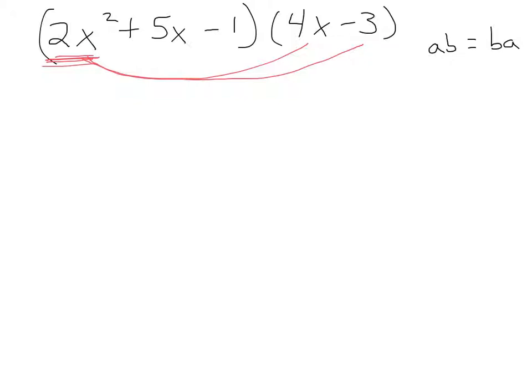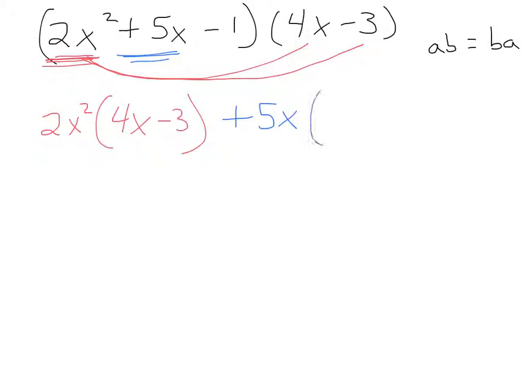So really, you could say 2x squared is multiplying this whole idea, just like this next term, 5x, is also multiplying that whole idea, and just like this last term of negative 1 is multiplying that whole idea right there.